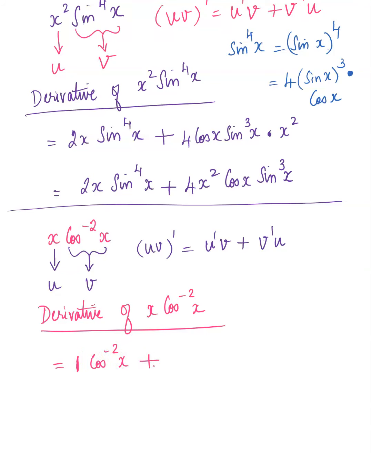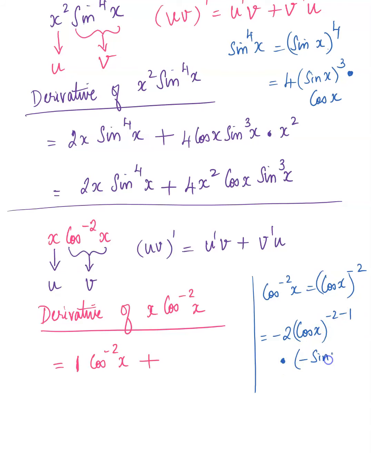V prime, once again, if you do it by the side, we see that cosine power negative 2x is the same as saying cosine x power negative 2, right? The outside power. So the chain rule would say negative 2 cosine x to the negative 2 minus 1 times derivative of the inside, which is negative sine x.